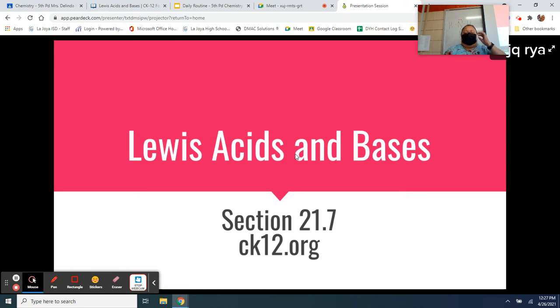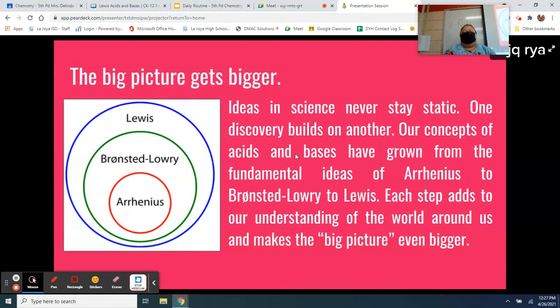This picture really sums it all up. The red circle is Arrhenius. It's very specific. You have to have hydrogen or hydroxide in order to fit that definition. Ammonia was an example of something outside of the red circle of Arrhenius, but inside the green circle, the Bronsted-Lowry definition.